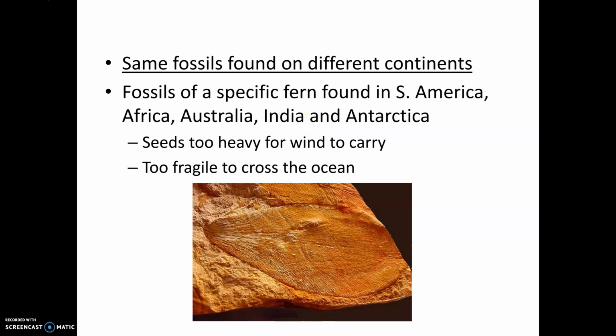The reason that this was kind of impossible was because the seeds were too heavy for the wind to carry them and too fragile to cross an ocean. So finding this fern on all of those different continents that are nowhere near each other is a really big hint to Pangea being possible at some point in time.